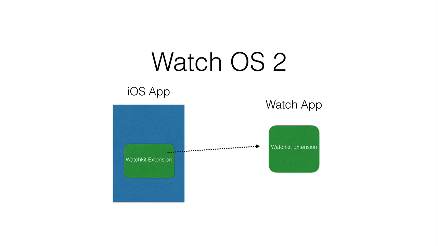So the iOS app runs in the background. In that case, you can still communicate with it. Same thing with the Watch app. If the iOS app is running and the user is using it, it can also have the Watch app do things in the background. Your app does things in the background, and the user doesn't see that.